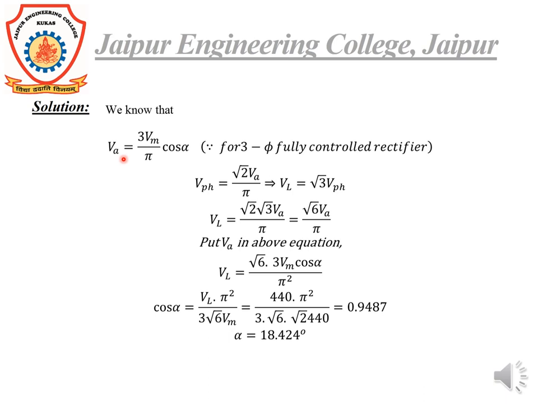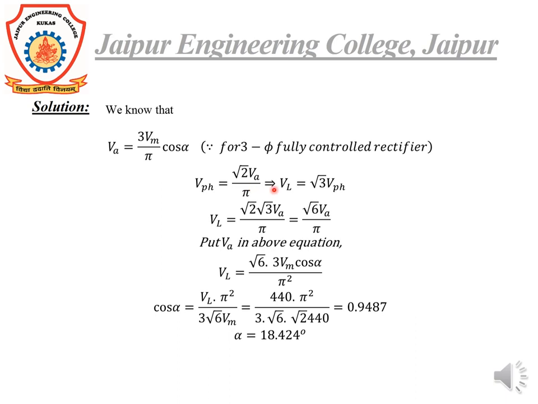When I put the value of VA in this equation, as I am provided with the value of Vm, we just need to find VA. When we place the value of VA in this equation, we can find cos alpha, and then alpha can be calculated by taking the inverse of cos. For that, as we know, per phase voltage is equal to root 2 VA upon pi.